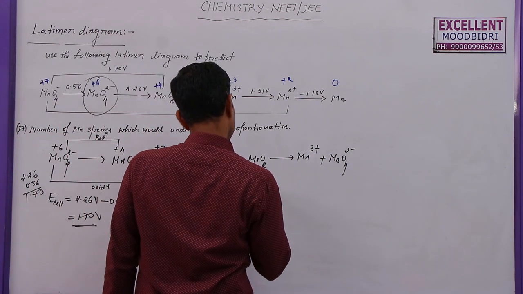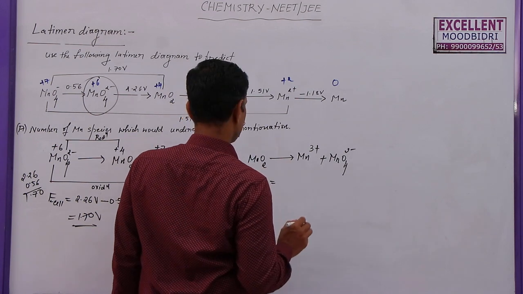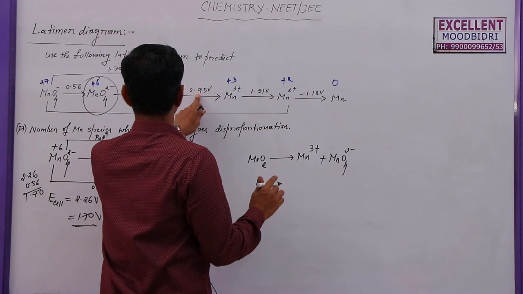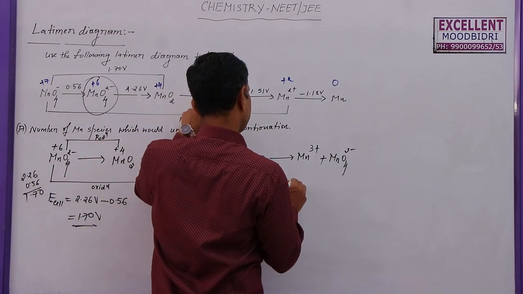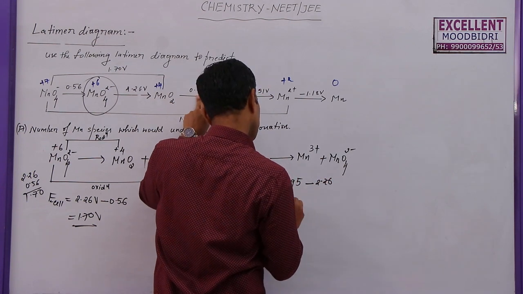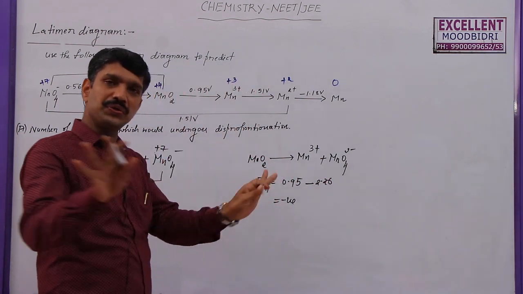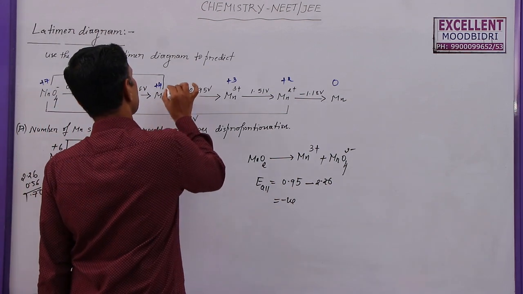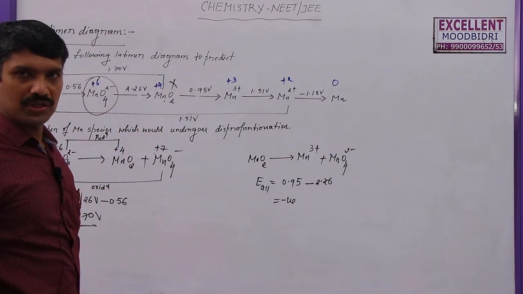E shell is equal to oxidation plus reduction. Here this value is 0.95, reverse minus 0.26. The total value is no doubt negative. E shell is negative, the redox reaction is not feasible. Therefore this species does not undergo disproportionation.